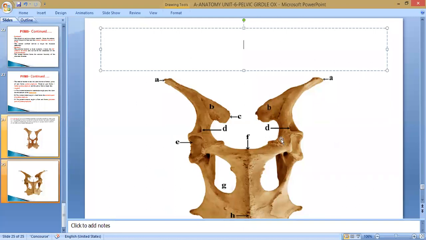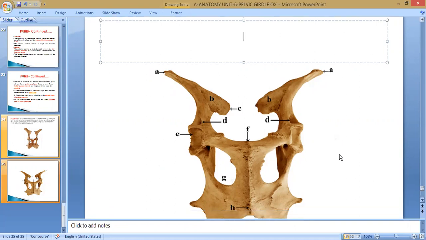Okay, supraacetabular fossa. Out of this, which is the area for the tuber sacrale? किस पार्ट पर ट्यूबर सैक्रल लगेगा? B पे. B, राइट. C, what is C? सर, ये एंगल हो गया, इंटरनल एंगल ऑफ इलियम इज नोन एज ट्यूबर सैक्रल. सैक्रम वहां जुड़ रहा है ना.